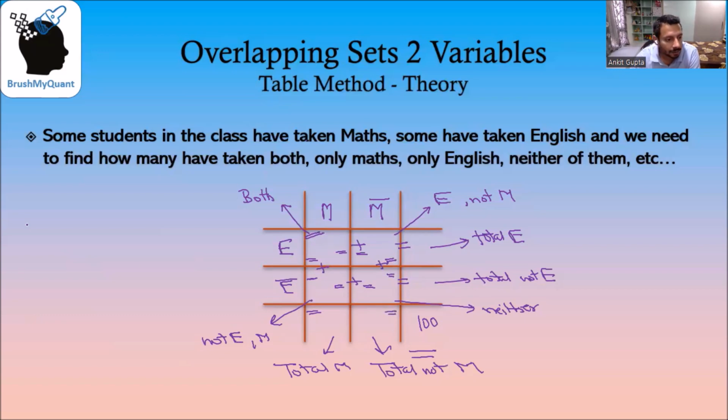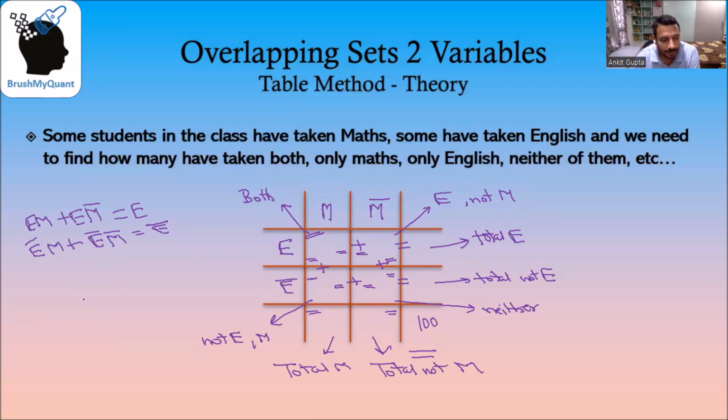That means the students who have taken both the subjects plus the students who have only taken English will always be equal to total students who have taken English. Students who have only taken maths plus students who have taken neither of them will always give you total number of students who have not taken English.